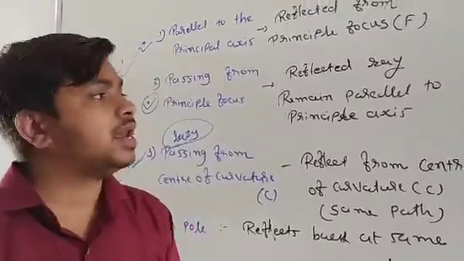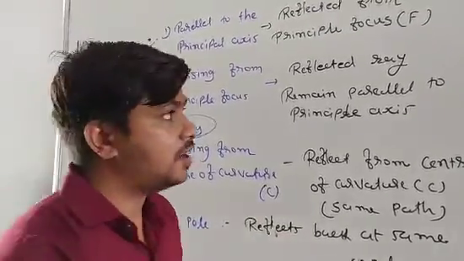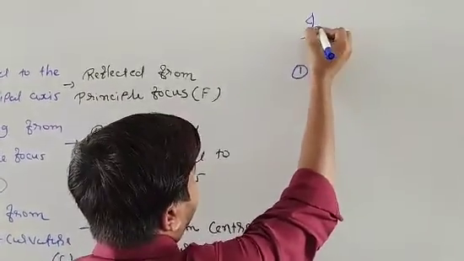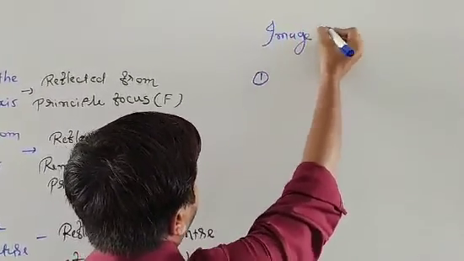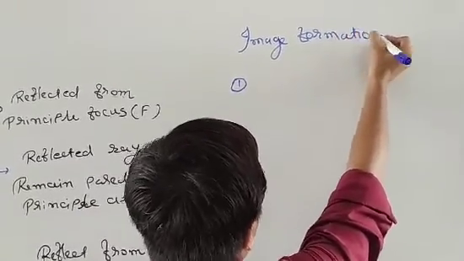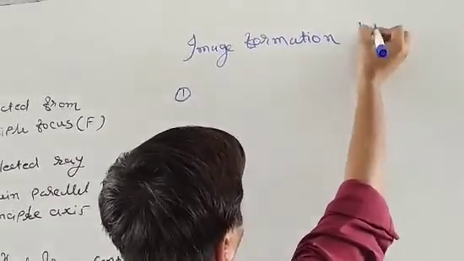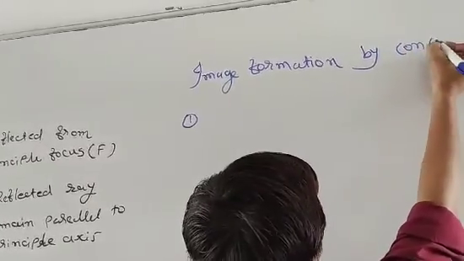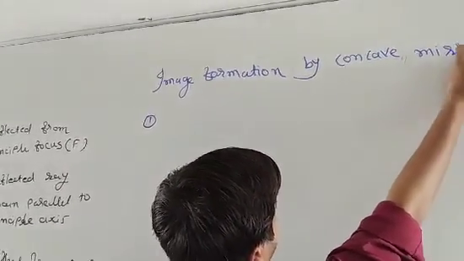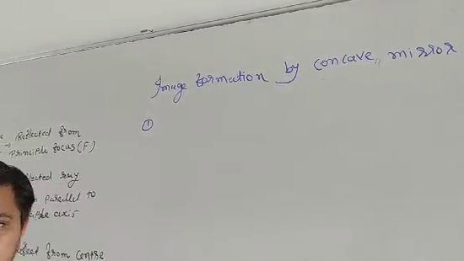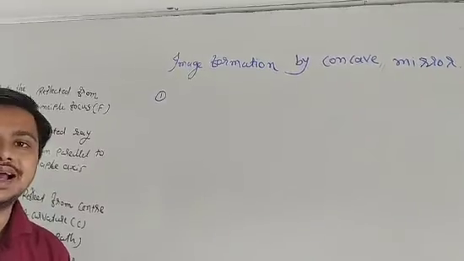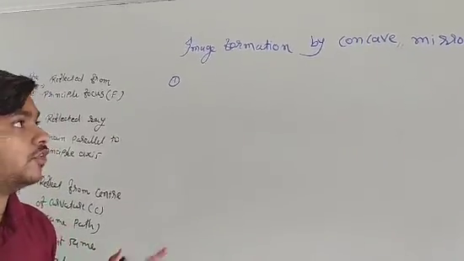For that, I am taking the first image formation. Image formation by concave mirror. It is the most important topic, okay? It is a 3 marks question. There are 6 image formations. From there, one of them can be asked to you in an exam for 3 marks.